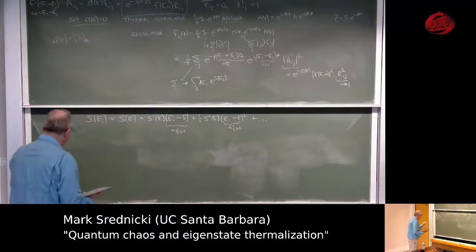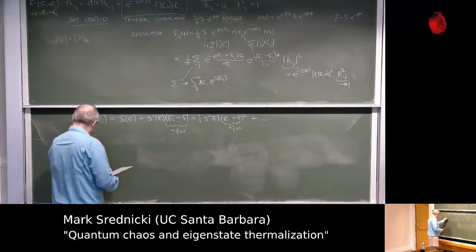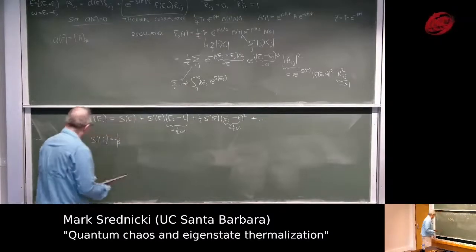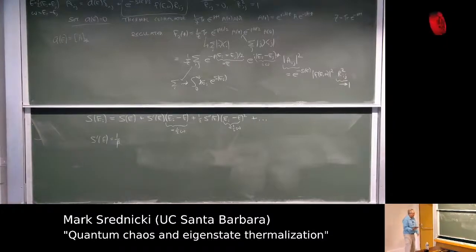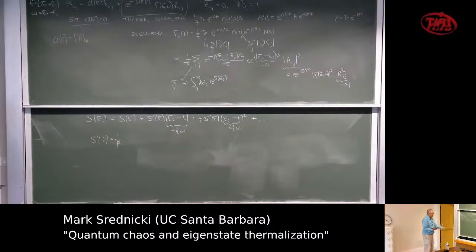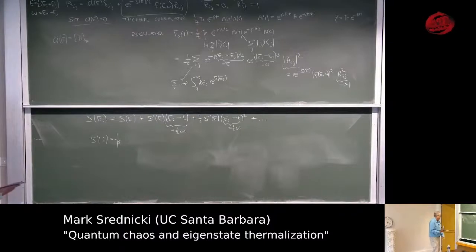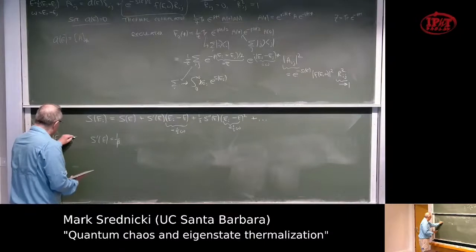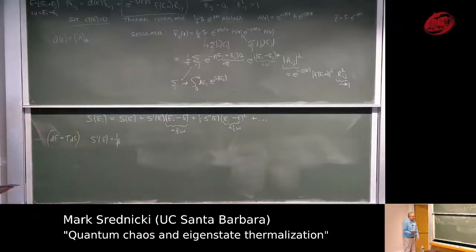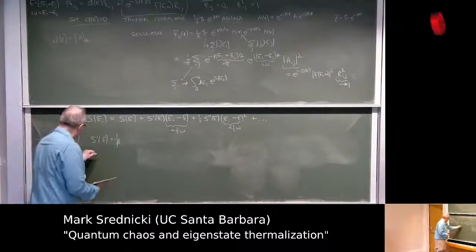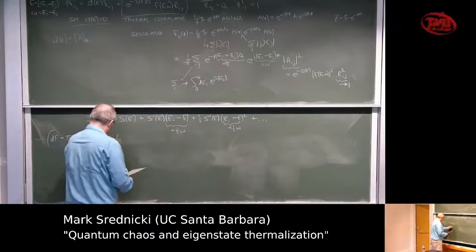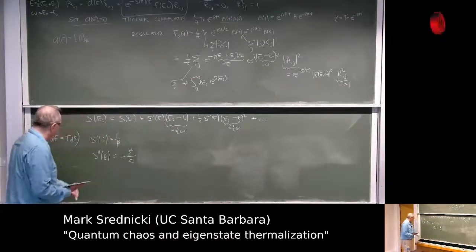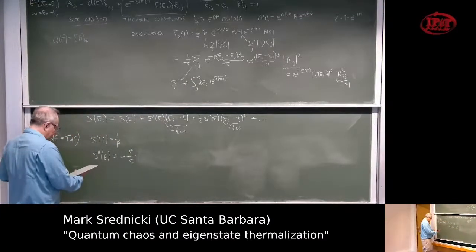And then remembering thermodynamics class, the derivative of the entropy with respect to the energy is the temperature, or in beta notation, 1 over beta. This basically follows from dE is TdS. And the second derivative is minus beta squared over C, where C is the heat capacity.